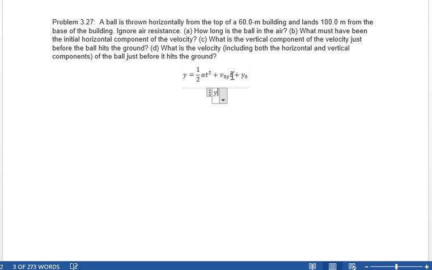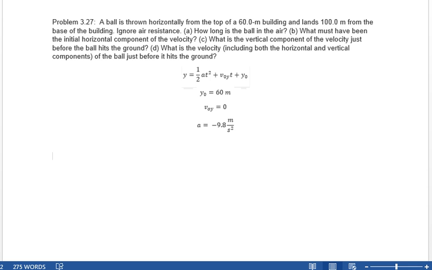Y naught is 60 meters. What is the initial velocity in Y? Well, we throw the ball horizontally, so the initial velocity in Y is zero. What is the acceleration? We're taking up to be the positive direction, so the acceleration due to gravity is minus 9.8 meters per second squared.